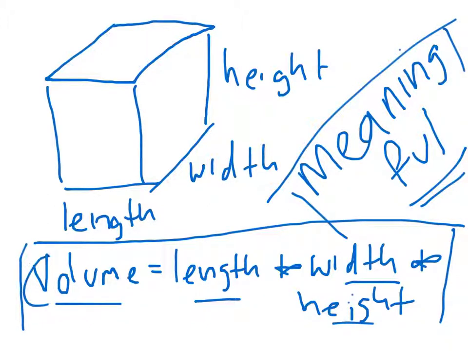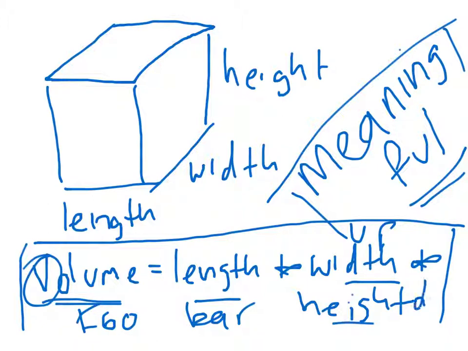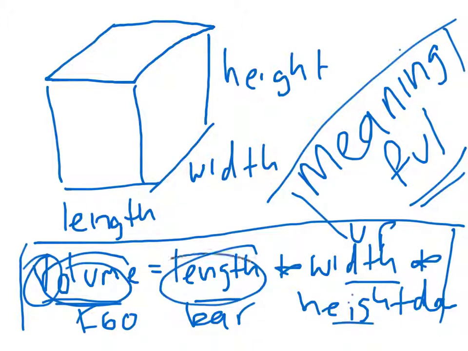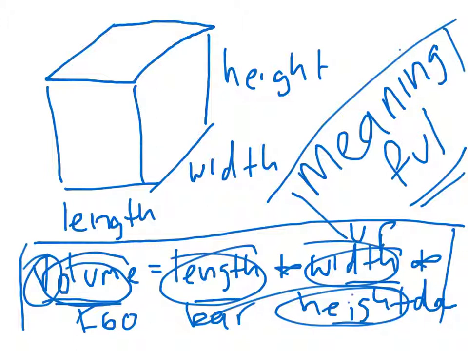The computer doesn't care whether you call it V or whether you call it volume, or you could call it foo, and you could call this one bar, and you could call this one up, and you could call it down, and the computer wouldn't care. It would go foo equals bar times up times down, and it would work exactly the same. But for the human, words like volume and length and width and height make a whole lot more sense.